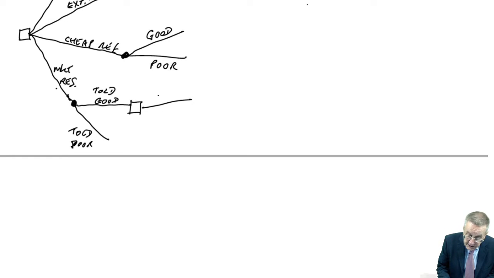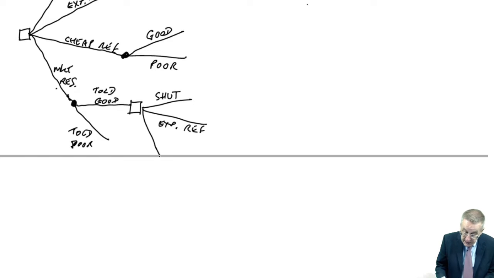We could immediately decide to shut, or we could decide to do the expensive refurbishment, or we could decide to do the cheap refurbishment. And here you can see it's starting to get a bit of a big diagram.